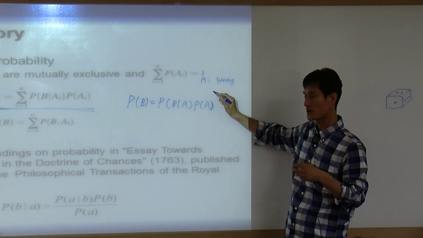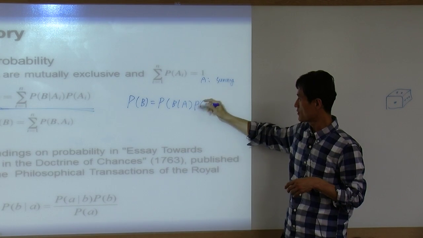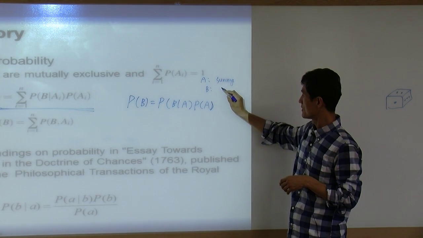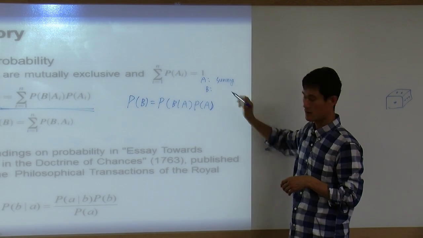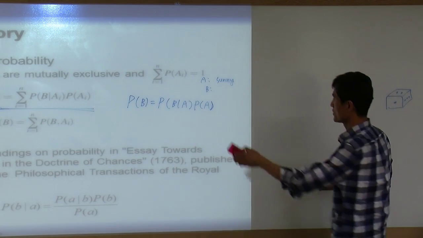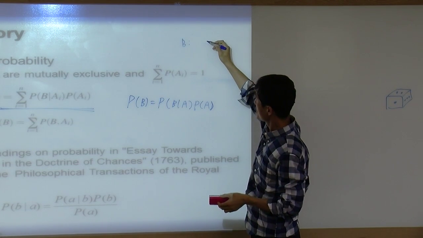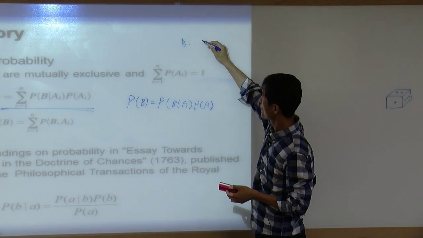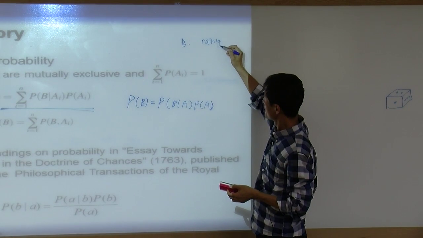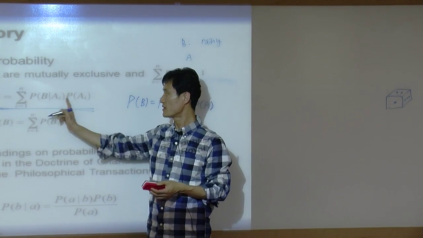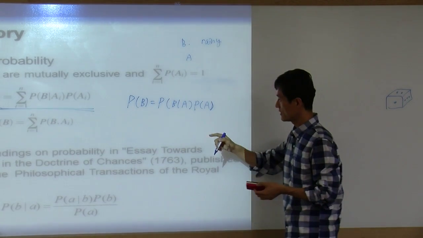Just an example. Let me put it another way. Let's say B is the case where weather is rainy, and in this case you are considering many different Ai.